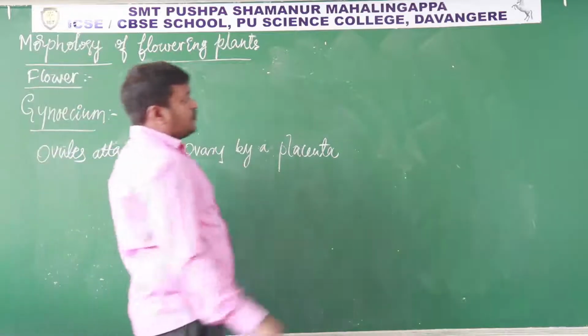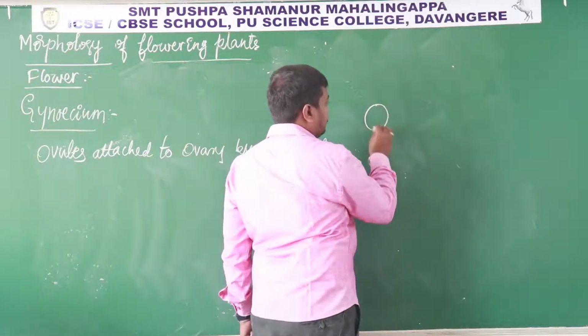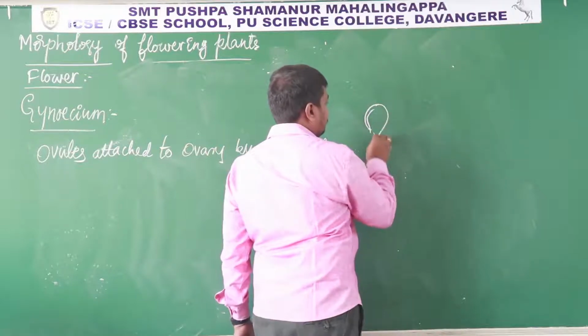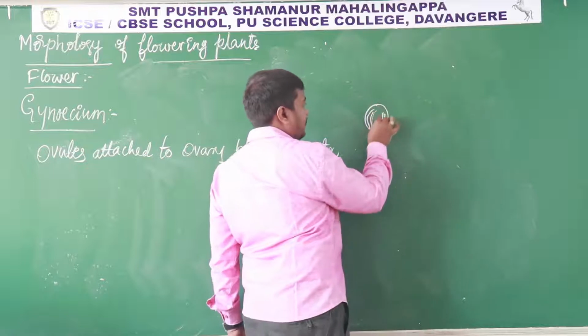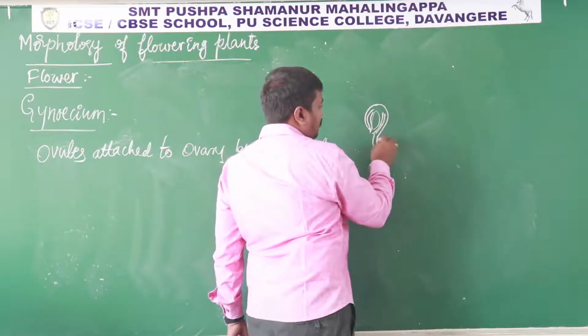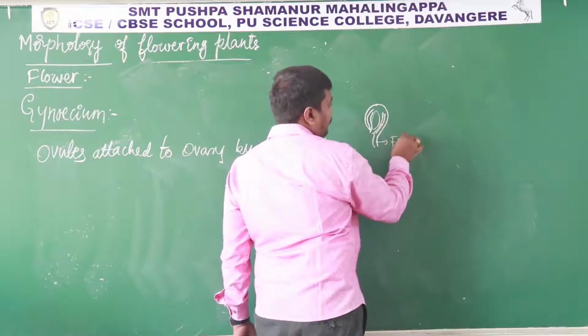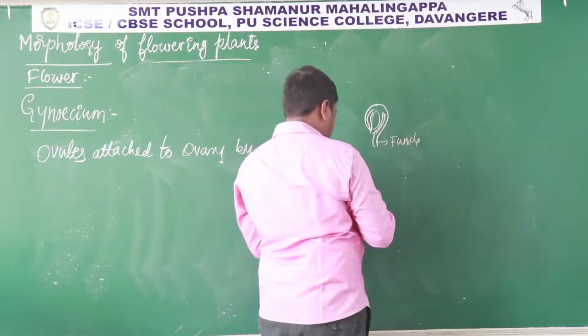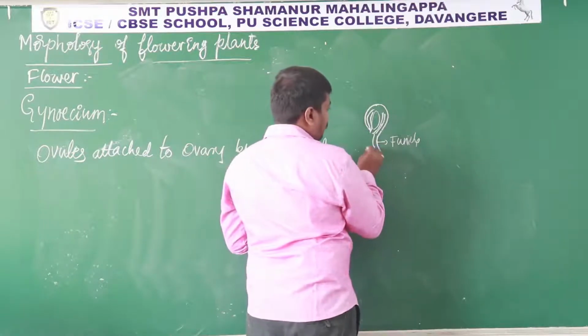Okay, that ovule has a structure like this. We are going to study this structure in detail in second year. So it is called stalk. This stalk we call funicle. So this funicle, with the help of placenta, is attached to the ovary.